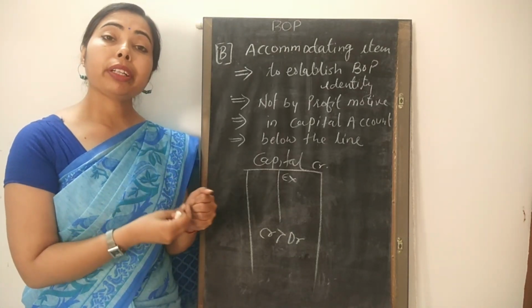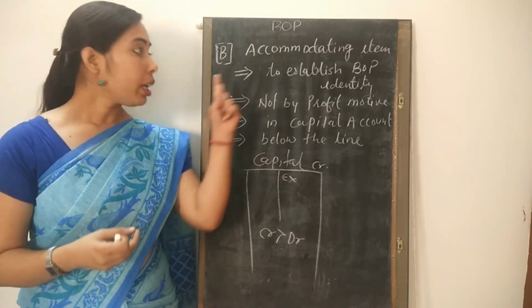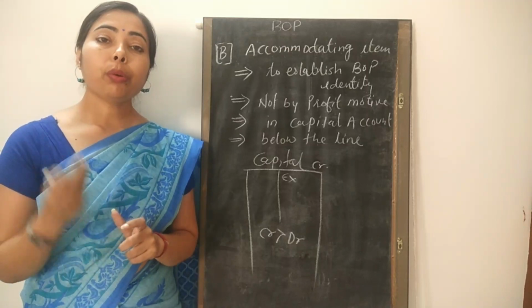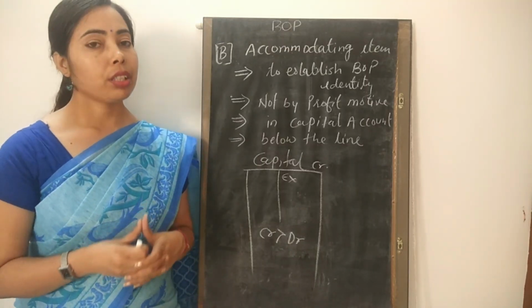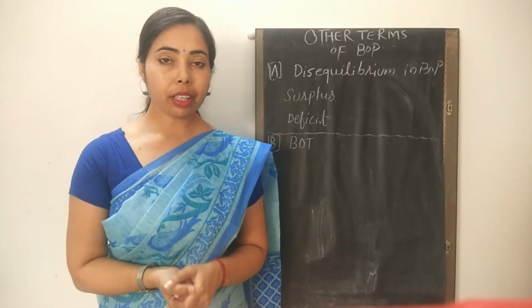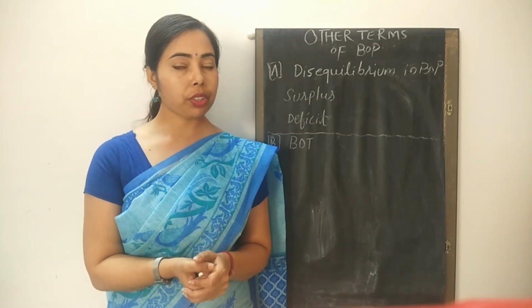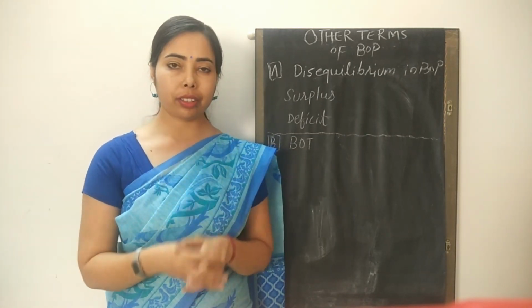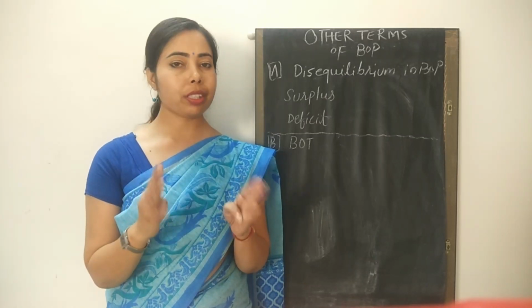Autonomous transactions can be done by both the private sector and the government sector, but accommodating transactions are done only by the government sector. So this was the difference between these two. As we have seen, autonomous transactions are profit motive and accommodating transactions are just compensating transactions, only to maintain the BOP status.